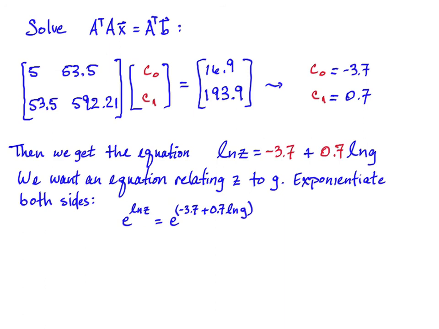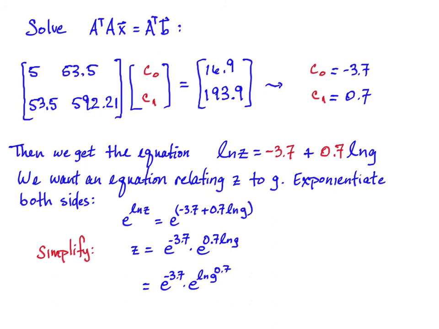And I can simplify the right side a little bit. So on the left I get z, obviously. E to the natural log of z is z. On the right, it's e to the negative 3.7 times e to the 0.7 natural log of g. And 0.7 natural log of g, we can write that as natural log of g raised to the 0.7.